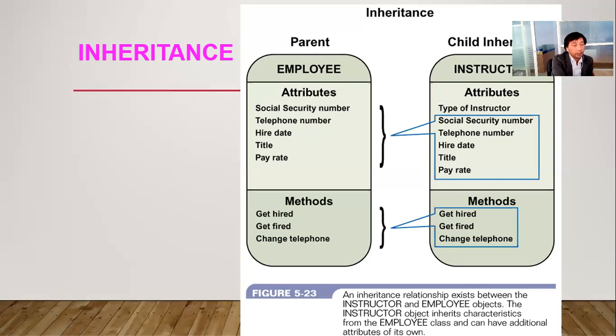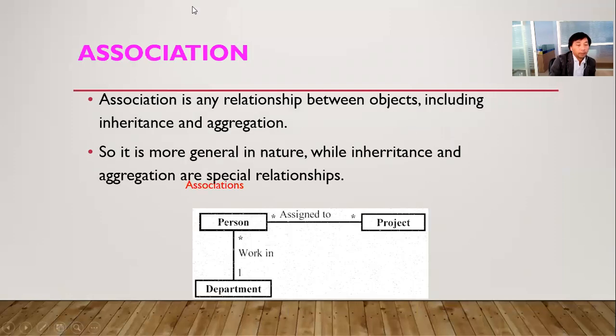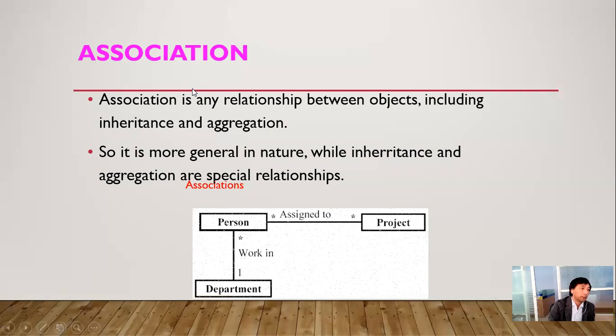And the next relationship would be association. So, association. What is association? Association is any relationship or a common relationship between objects. This relationship also includes inheritance and aggregation. So it is more general in nature, while inheritance and aggregation are special relationships.